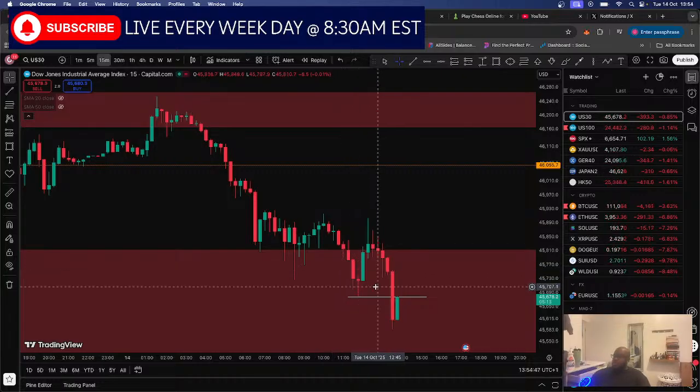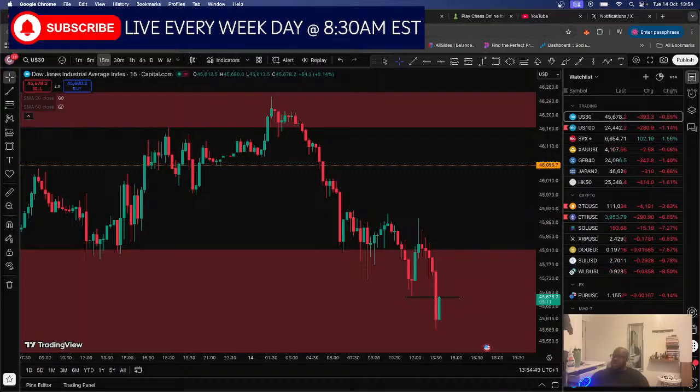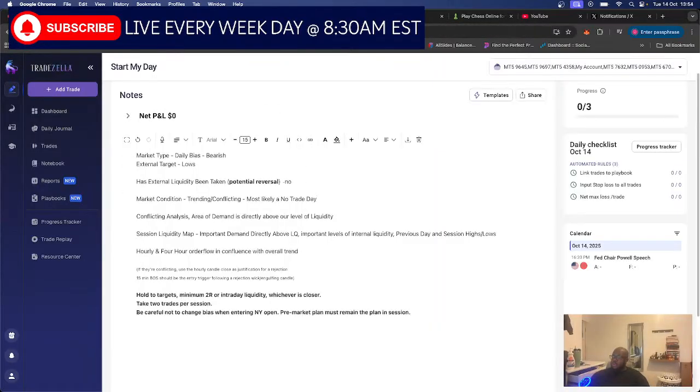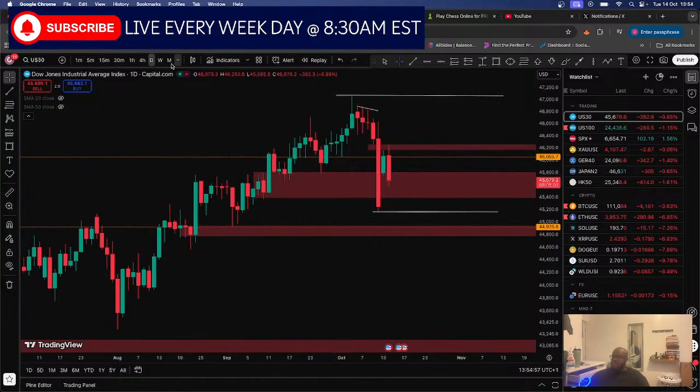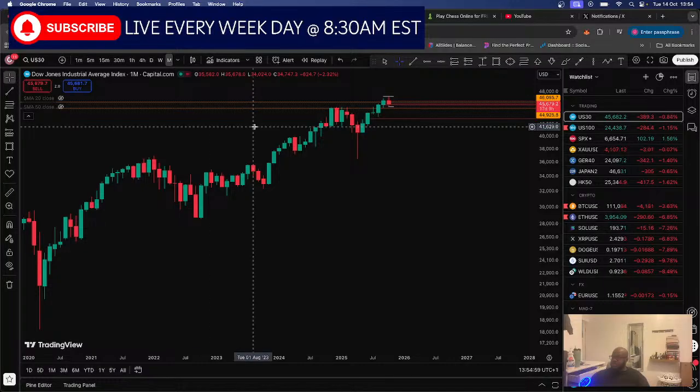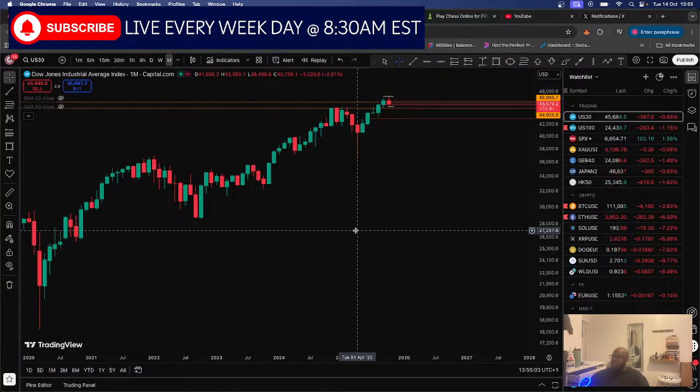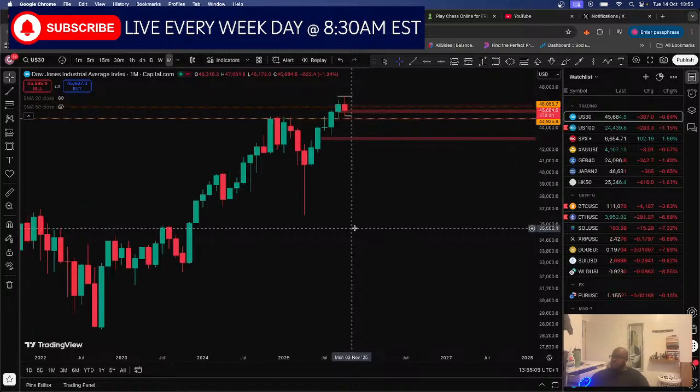Okay, so we've got conflicting analysis. You've got conflicting analysis on the daily chart, on the weekly chart, on the monthly chart. So it seems like we're probably not going to take a trade today.